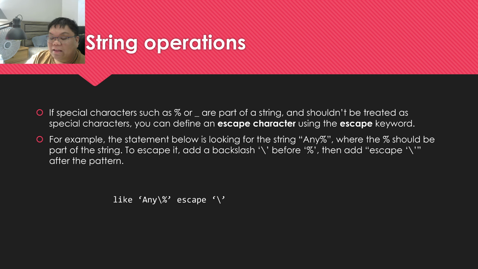So it looks like this: like '\%' escape '\'. And that's how you define an escape character in a query, where % and underscore are part of your string. They're not to be interpreted as special characters.